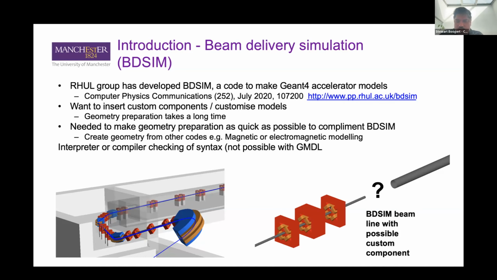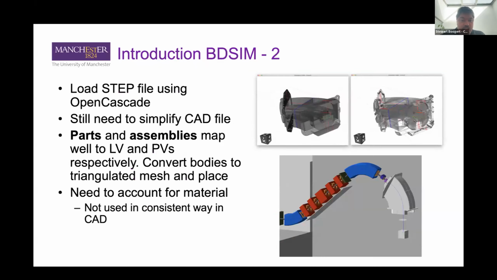Zooming in a little bit, our task was to put more realistic geometry in our Geant4 models quickly. And so we have a couple of quadrupoles here on the left, 3 quadrupoles, a bit of beam pipe, but the question mark represents some more complex geometry, which endows the simulation with more realistic simulation.